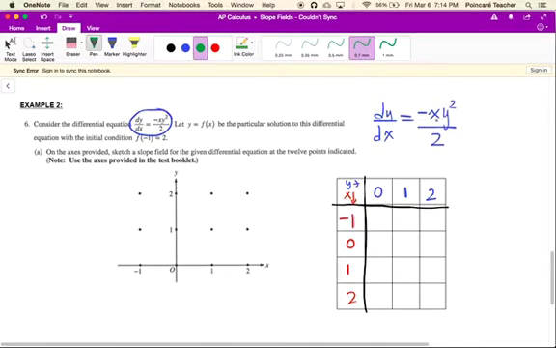So where I see x, I'm going to plug in negative 1, and where I see y, I'm going to plug in 0 to fill in this value. So it will be dy/dx equals negative, my x is negative 1, times my y squared, so that's 0 squared, over 2. And that works out to be 0 over 2, which is 0. So this value here is going to be 0.